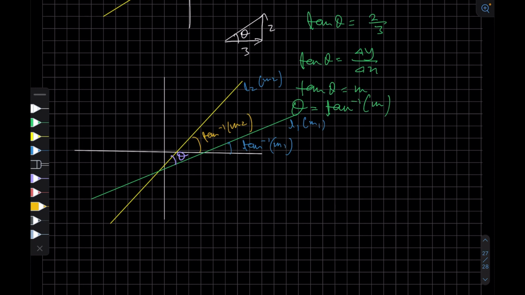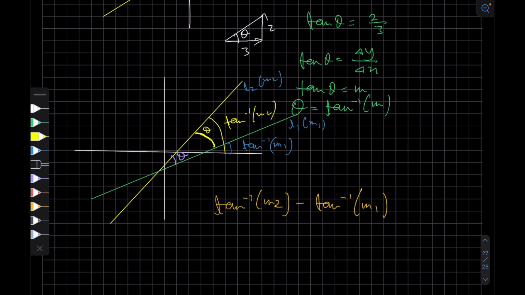So tan inverse of m2 minus tan inverse of m1 will give me the angle in between. So if you subtract these two, you will get this angle over here.